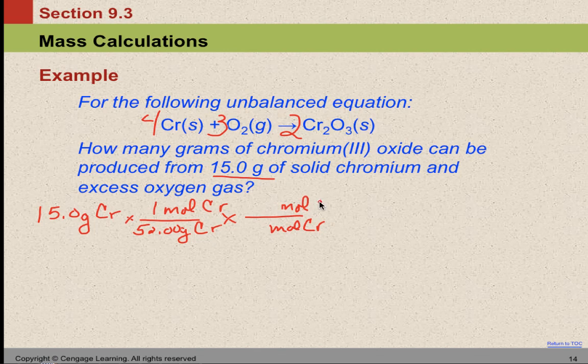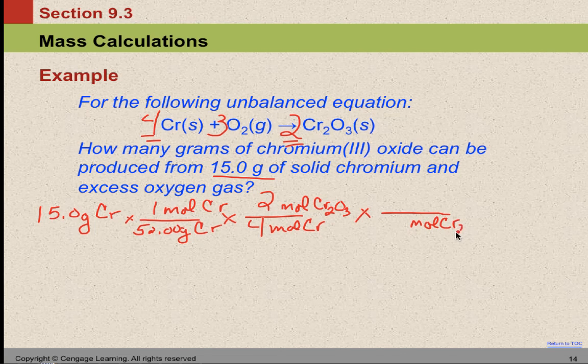My next step is to relate moles of chromium to what I'm looking for. Well, I'm looking for moles of chromium-3 oxide. What's the relationship of moles of chromium to moles of chromium-3 oxide? I have to look at my balanced chemical reaction. For every 4 moles of chromium, I'm going to produce 2 moles of chromium oxide. But it asks me for the mass of chromium oxide.